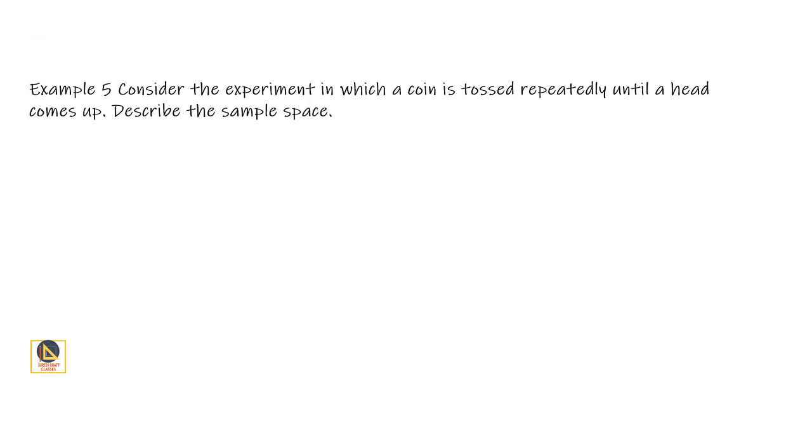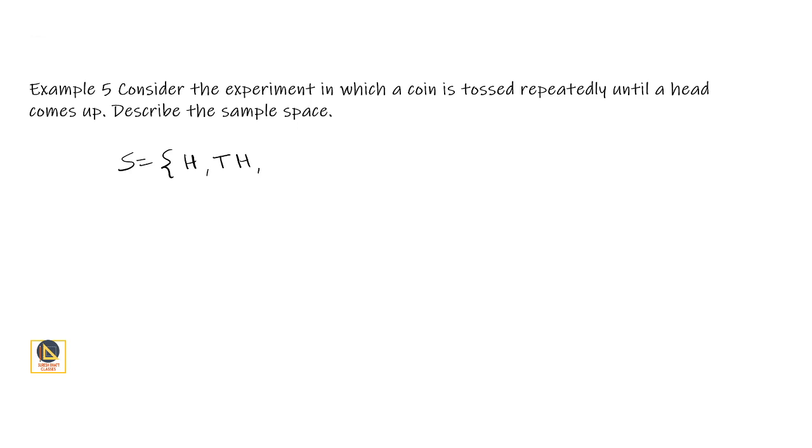So our sample space will be, if in the first toss head comes, then we stop tossing the coin. And if tail comes, then we toss it again and it may come head or tail. If head comes, then we stop the tossing.